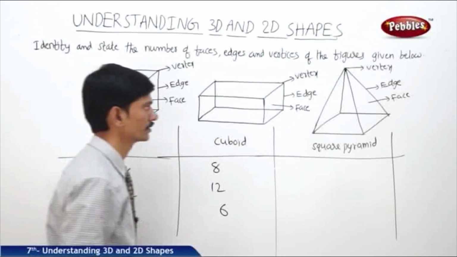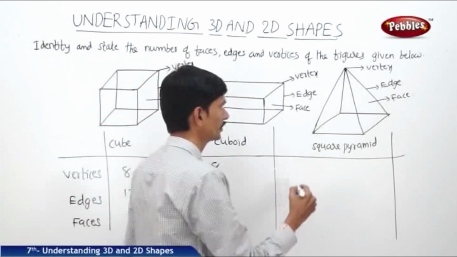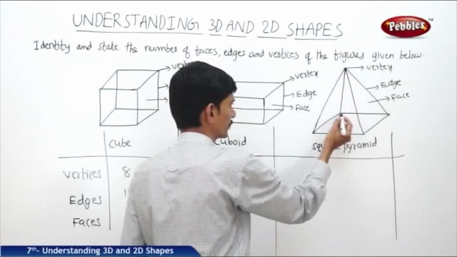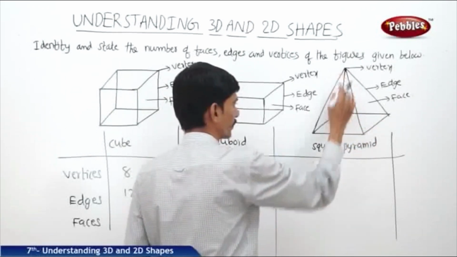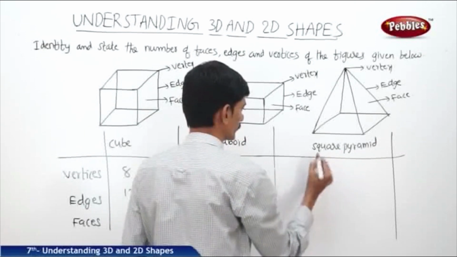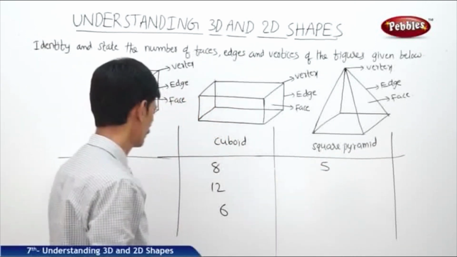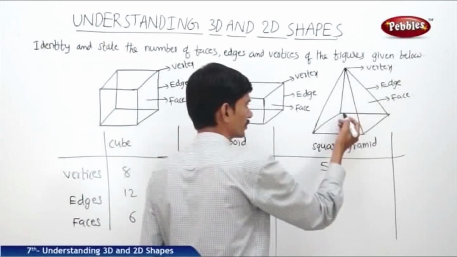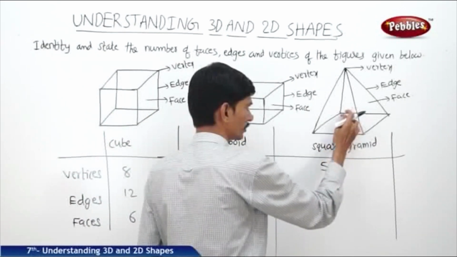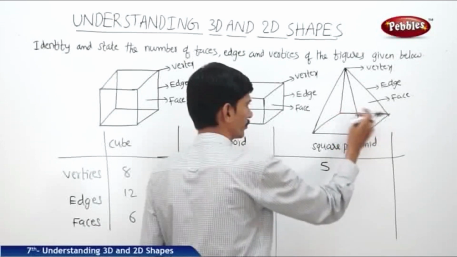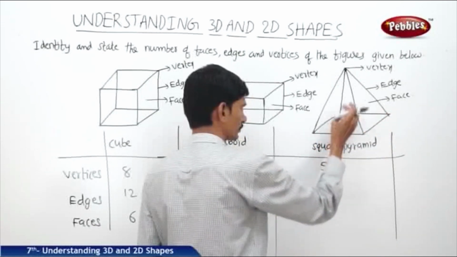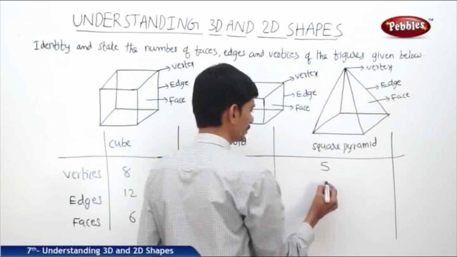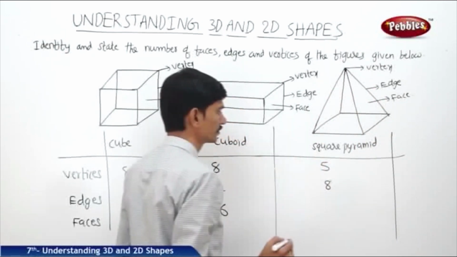And in the square pyramid, the total number of vertices: top 1 and bottom 1, 2, 3, 4, so 1 plus 4, 5. Then the number of edges: the number of edges in the base 4, 1, 2, 3, 4, and the 4 lateral edges, so 4 plus 4, 8 edges.